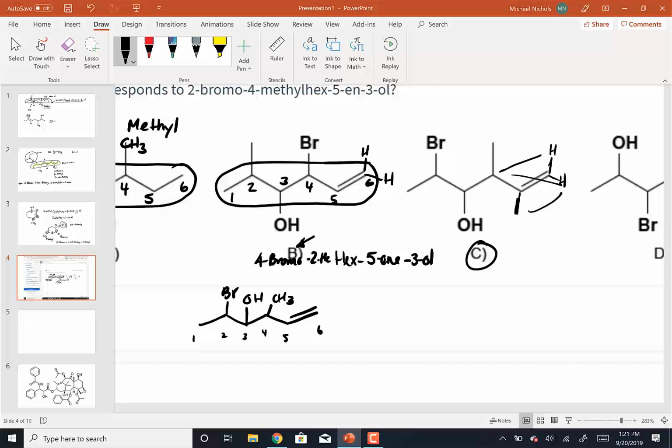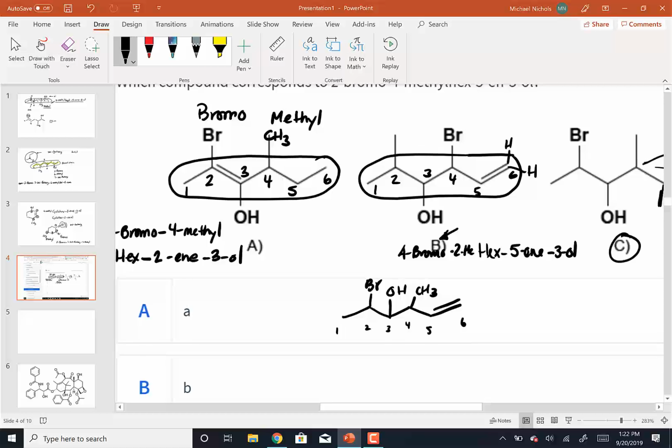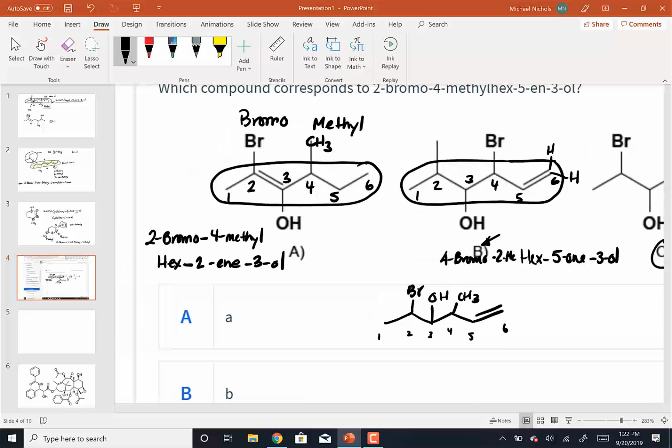What about A? So A needs an E or a Z. Why? Because it's got a bromine, a methyl, an OH, and this group, so it has 4 non-hydrogen groups. All it takes to move to E or Z are 3 non-hydrogen groups. So that one has to be described by E or Z.